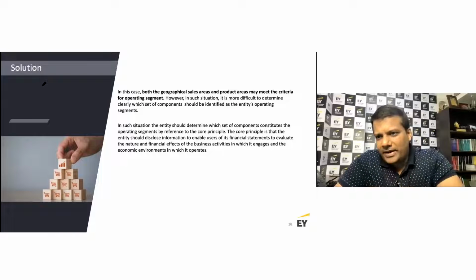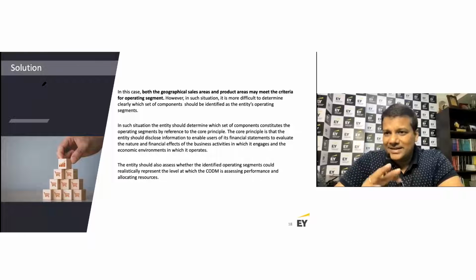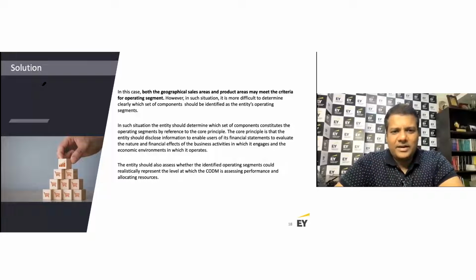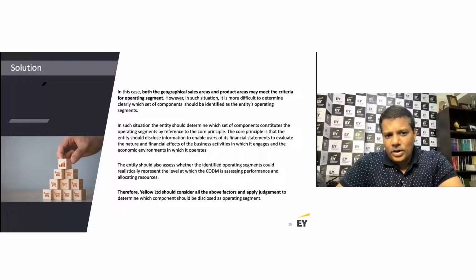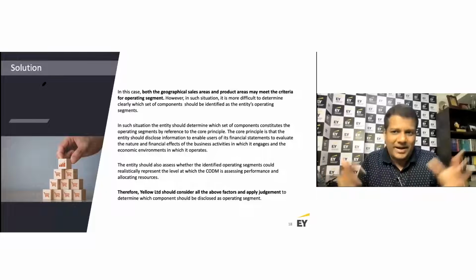It is that you have got to provide information to the users. So you should be able to assess, and it's an element of judgment which is coming in here, what would realistically represent the level at which the CODM is assessing performance and allocating resources. Therefore, Yellow Limited should consider all the above factors and apply judgment to determine which component should be disclosed as operating segment, or you may decide to disclose both, right?